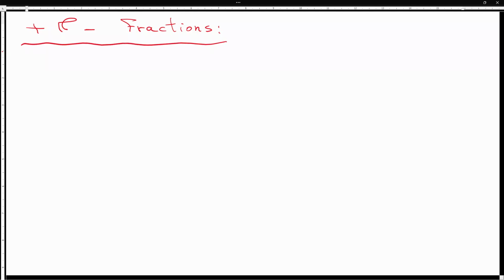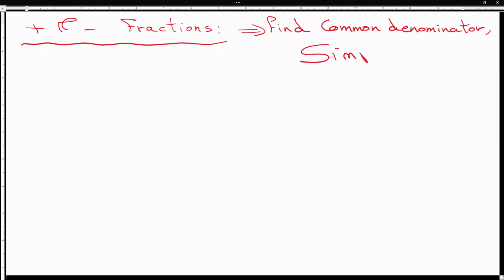To be able to add and subtract fractions, you need to follow one and only rule, which is find a common denominator. Add or subtract, then simplify. Remember, the last step of any fraction will be you have to simplify, even if they didn't ask you to do it.